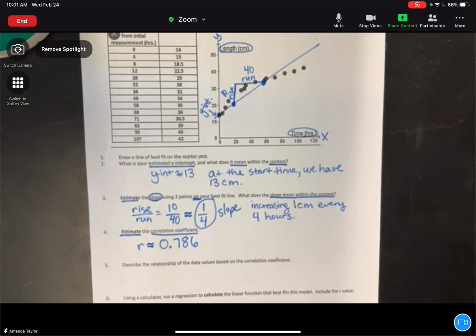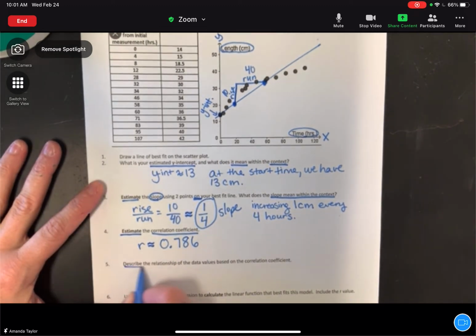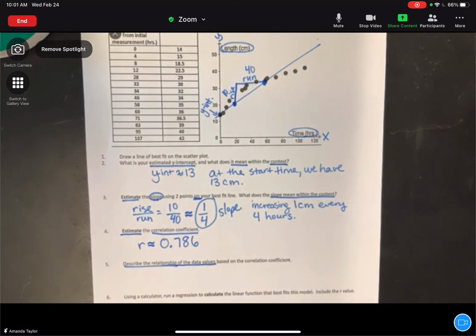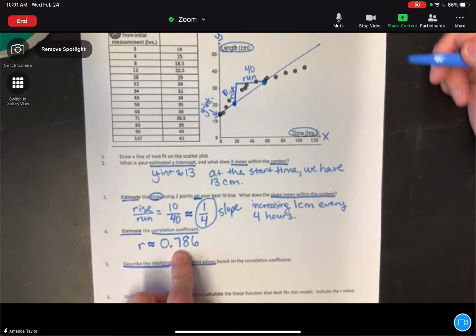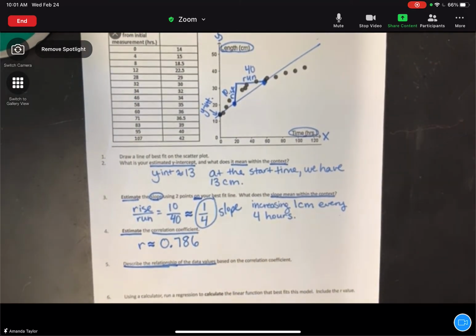And it's positive. So now I want you to think about describing the relationship of the data values based on that correlation coefficient. What is that correlation coefficient? We said it was pretty high. What does that tell you about the relationship? Okay. What is strong?